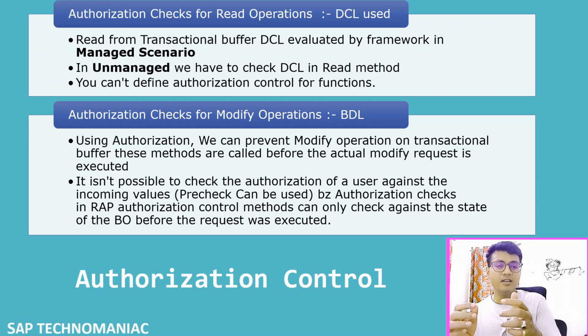If authorization passes, then only we will update the transactional buffer, otherwise we will not update it. The before image, we can say, is the data that was in the transactional buffer before modifying, which we call the before image of that BO. We will check against the before image, whatever values are available in the transactional buffer.